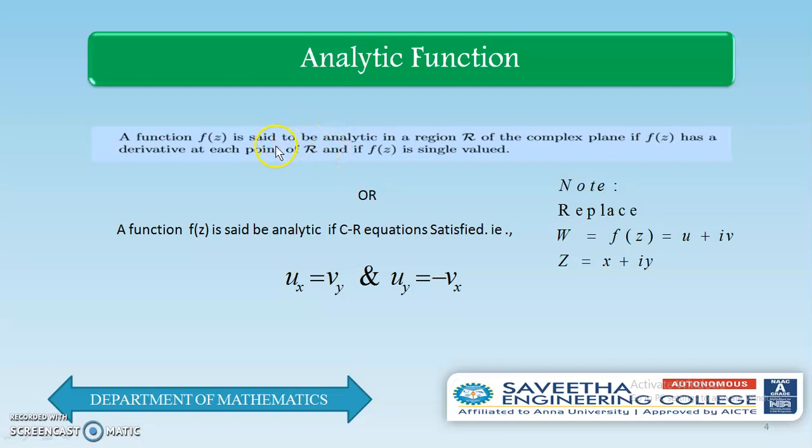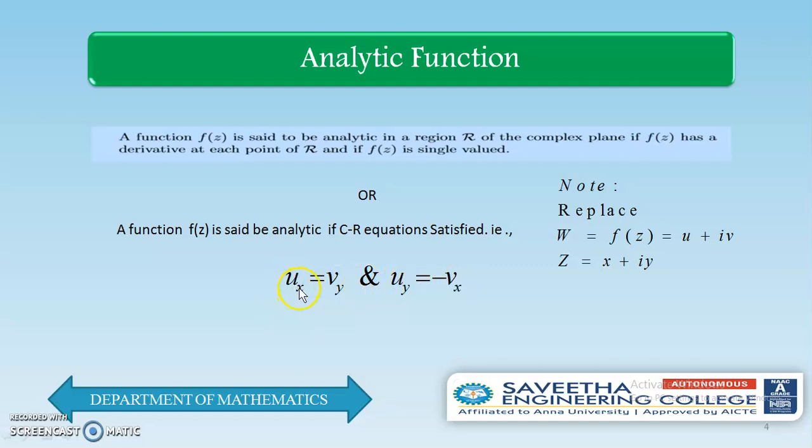This may be somewhat difficult to understand, so I can give another definition for analytic functions. A function f of z is said to be analytic if the CR equations are satisfied, that is ux equal to vy and uy equal to minus vx.